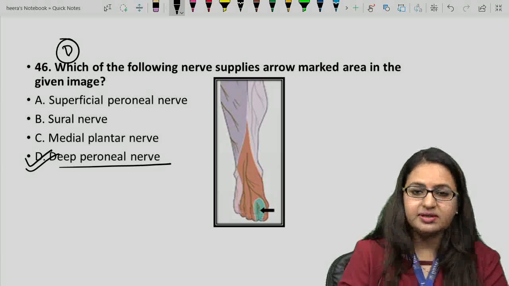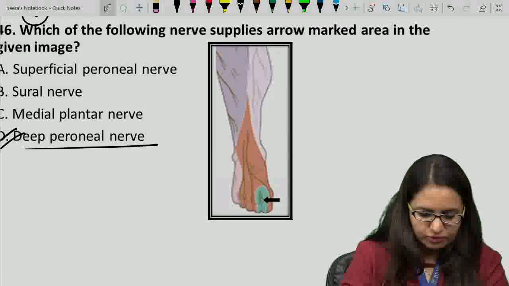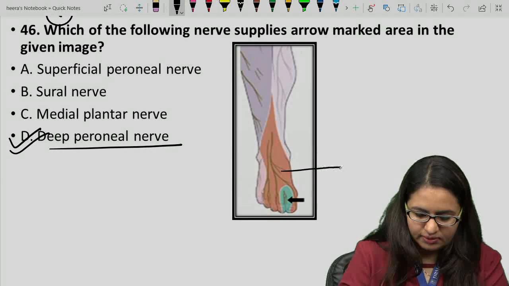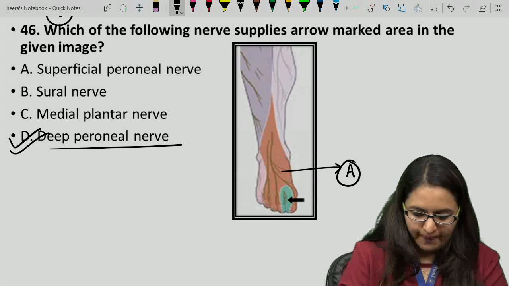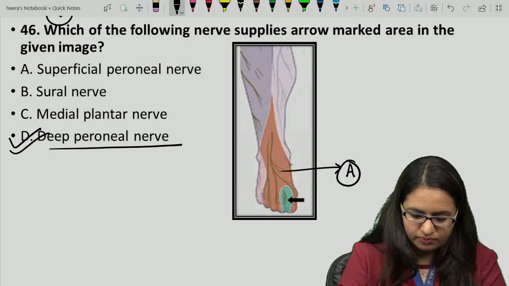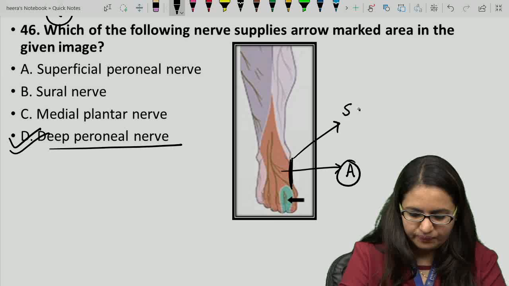If we see the rest of the areas, the rest of the portion of the foot over here is supplied by the superficial peroneal nerve. And if we visualize towards the most medial border, the medial border is supplied by the saphenous nerve.